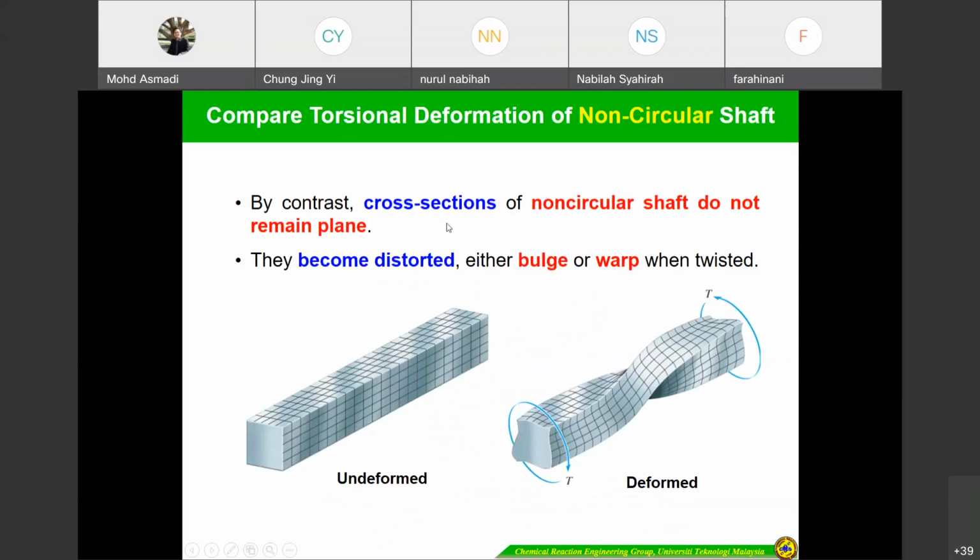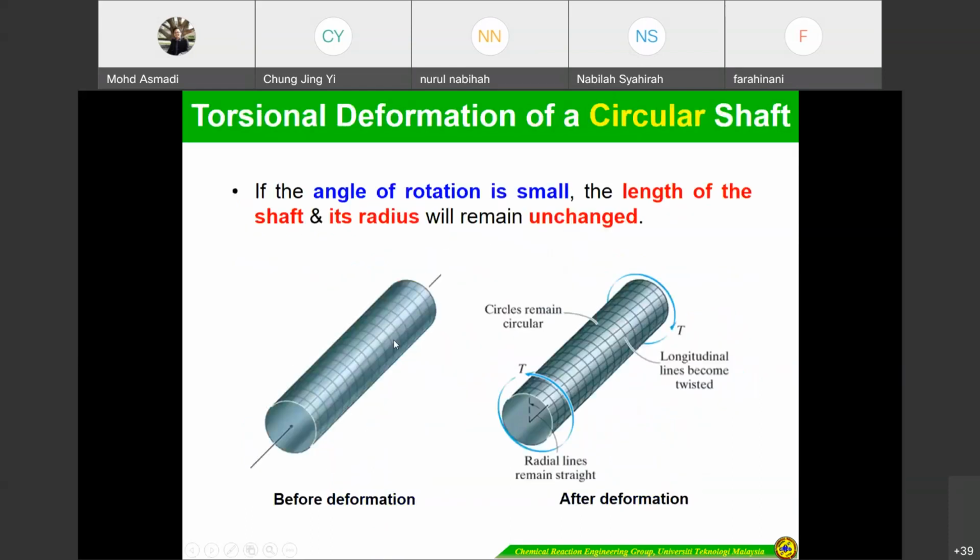By contrast, the cross section of a non-circular shaft does not remain plane. Here it is before deformation, but after deformation it will become bulged and also warped. So the radius is not the same, compared with the previous one, where radial lines remain straight.